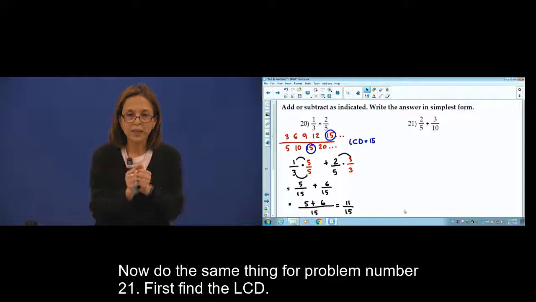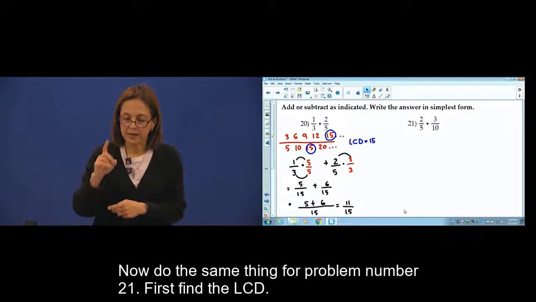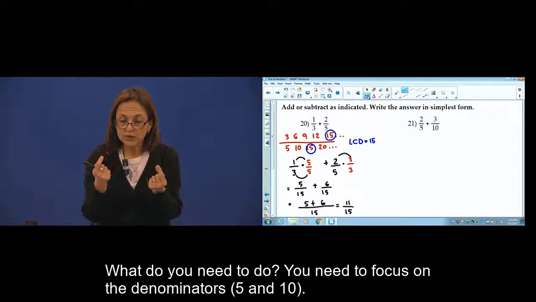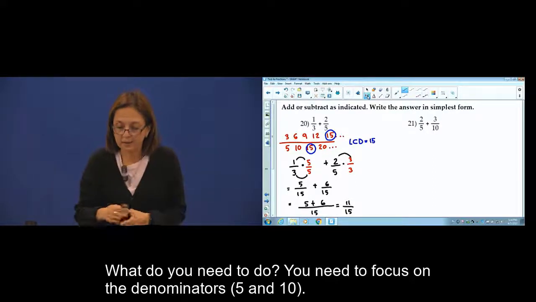Now do the same with problem number 21. First, we need to find the LCD. Focus on the denominators. We have 5 and 10.